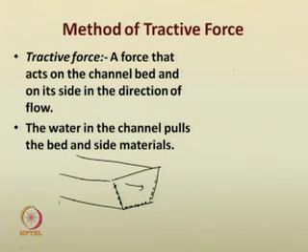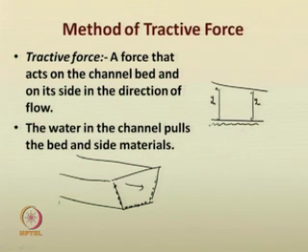So, we are dealing with uniform flows. If you take a stretch, you have the normal depth between two sections. Uniform flow means all the properties will be uniform. It will have a bed slope theta.